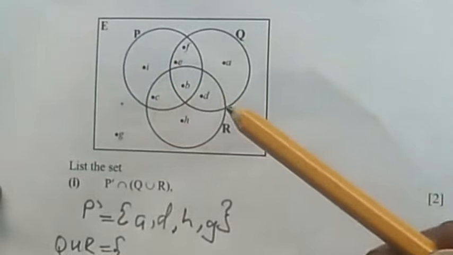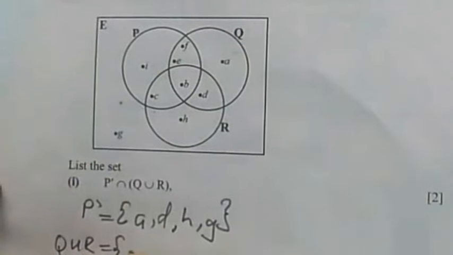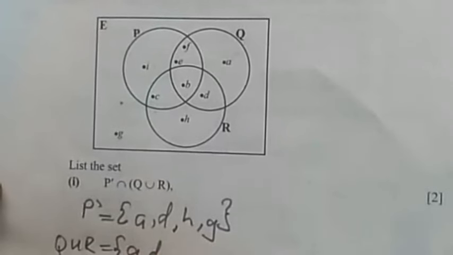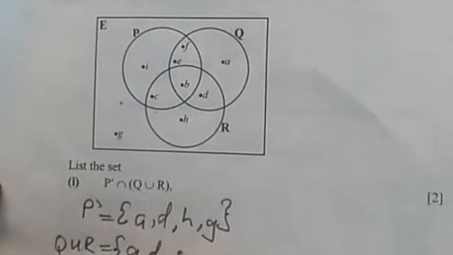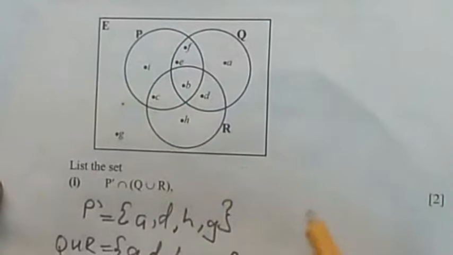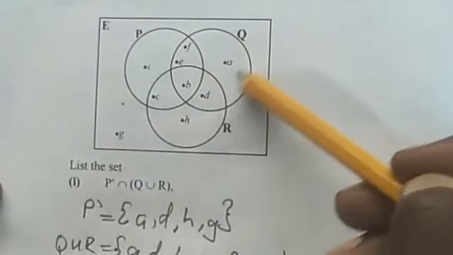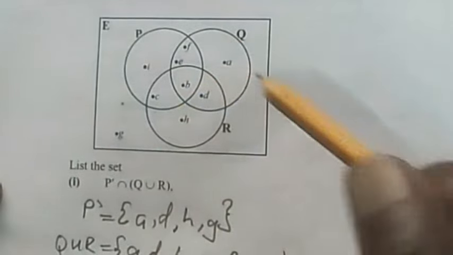So those that are found in Q and R, we have A, D, B, E, F, C, which is here, then H. Remember, I started from here, then I dealt with this, then I also came down there. Then close bracket.